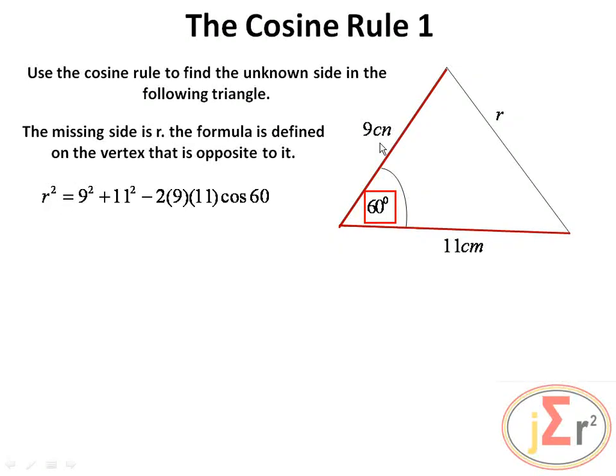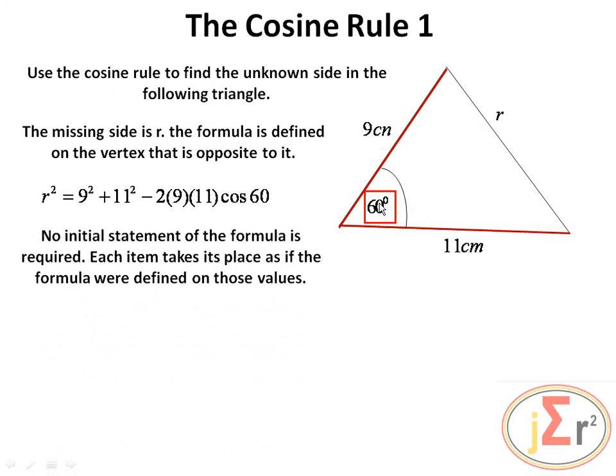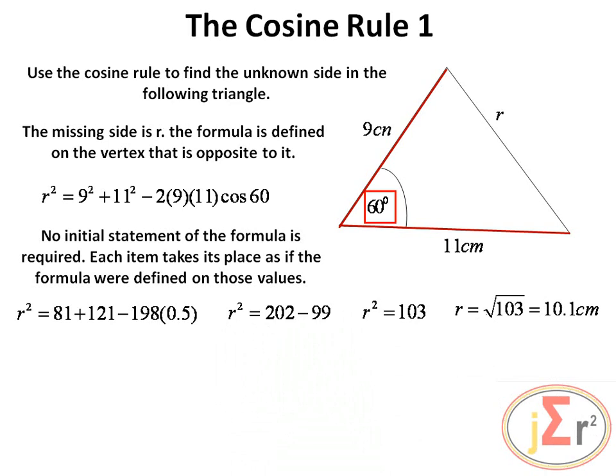R squared is equal to 9 squared plus 11 squared minus 2 times 9 times 11 cosine 60. No problem. No initial statement of the formula is required. Each item takes its place as if the formula were defined on those values. We simplify, and this is what we get. So R is equal to 10.1 centimeters.